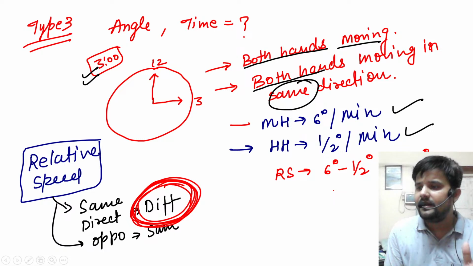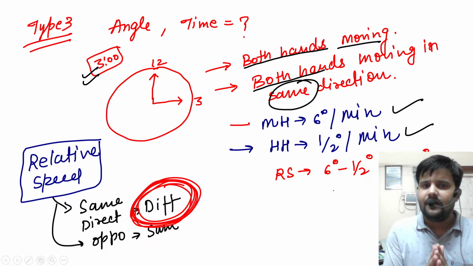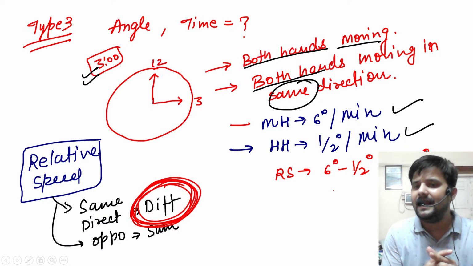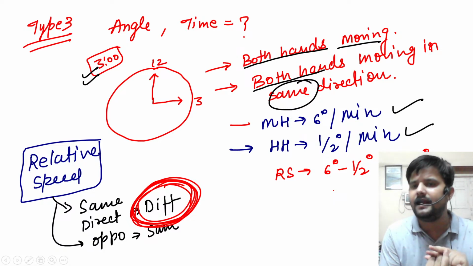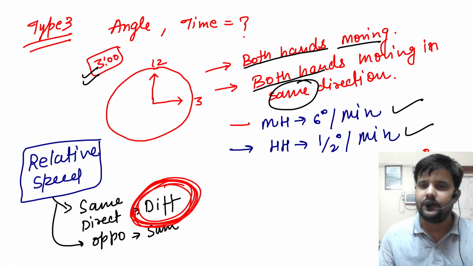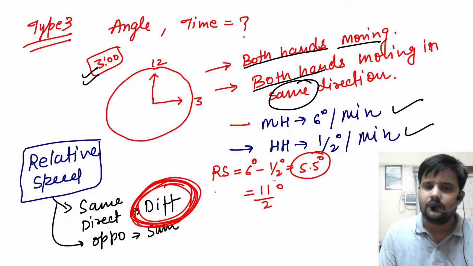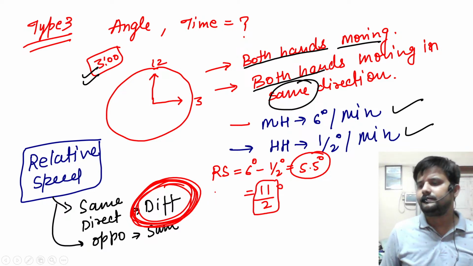So after every minute, the gap will be either created or reduced by 11 by 2 degree, or 5.5 degree. Got it?